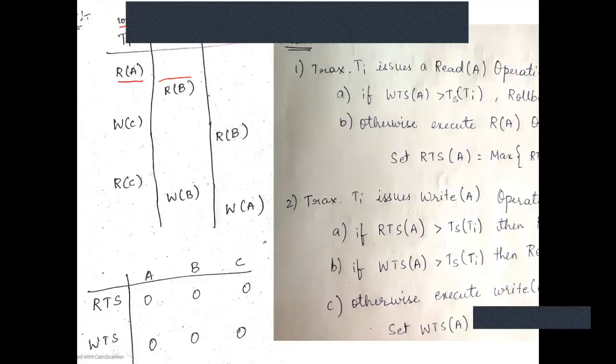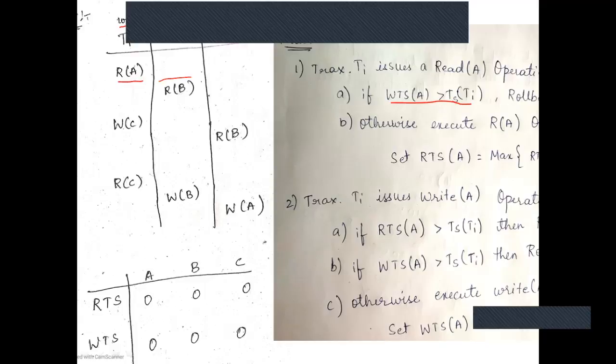So what issues are related to that? That is write, WTS. The write issue will be there because the conflict to read is write. So here we are checking if WTS of A is greater than TS of Ti. By default, the RTS and WTS values for all variables are 0.